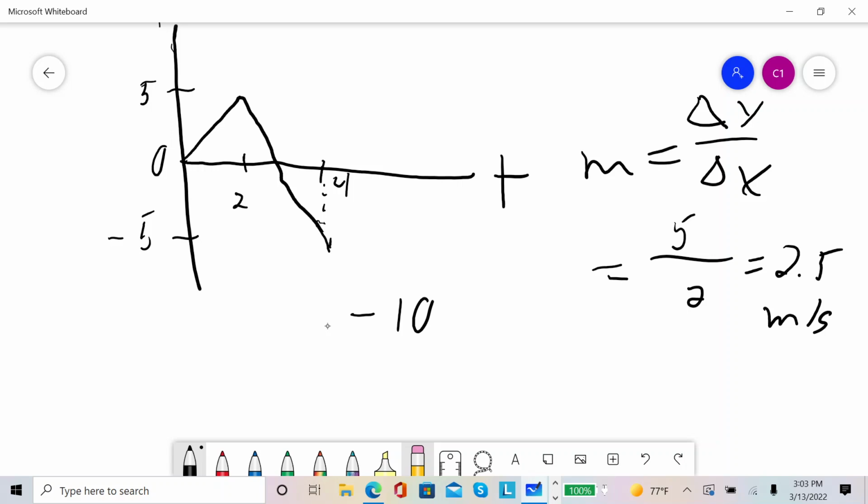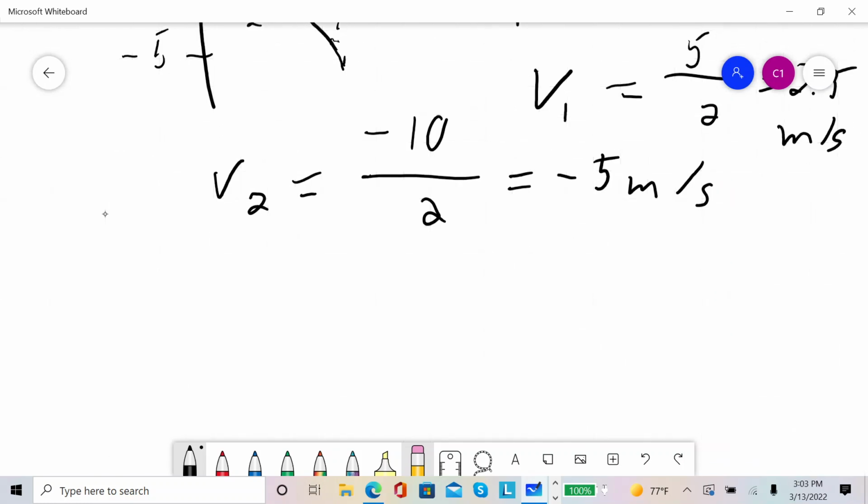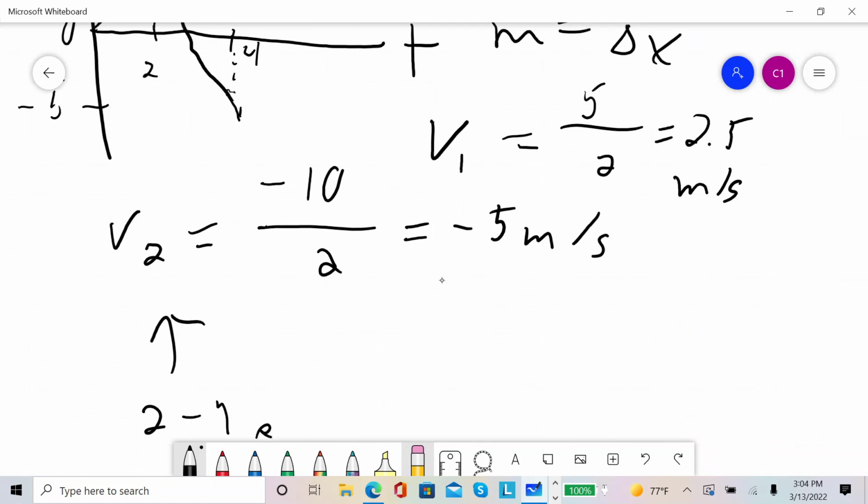So they go -10 over 2, and that's -5 meters per second. I'm going to denote these as v1 and v2. Again, this is velocity in these 2 different time segments. This is velocity from 0 to 2, while this is velocity from 2 to 4.